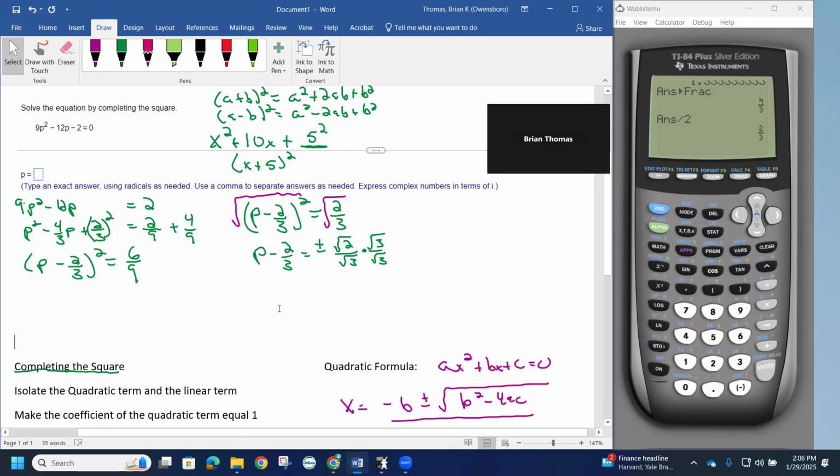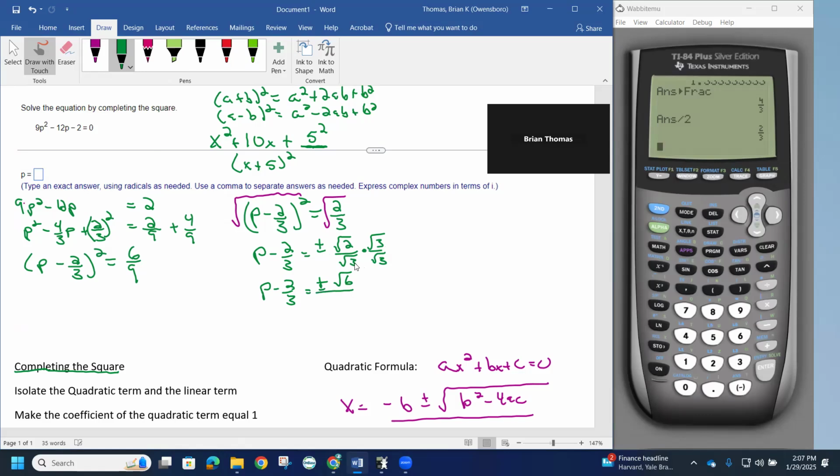So what happens then is we have this p minus 2/3. And this radical 2 times radical 3 is going to turn into a radical 6. So this is going to be plus or minus this radical 6.